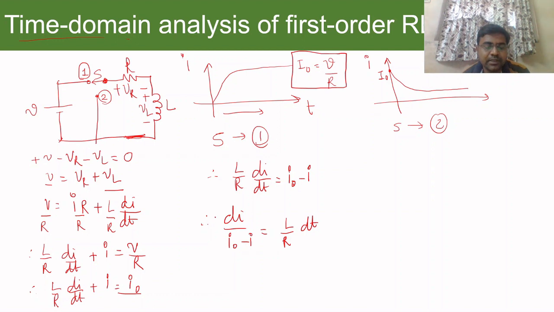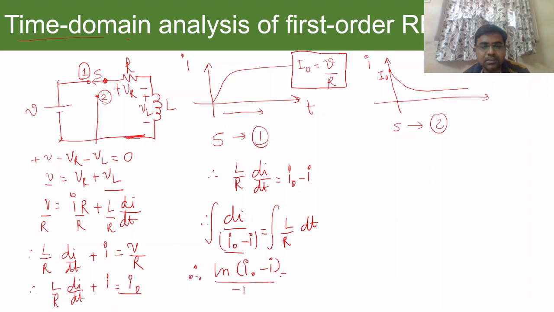Now if I take integration on both sides, this is nothing but the natural log of I0 minus I. Here for the integration with respect to di, I have to differentiate this entire term: d by dt of I0 gives me 0, and minus di by dt gives me minus 1, so minus 1.